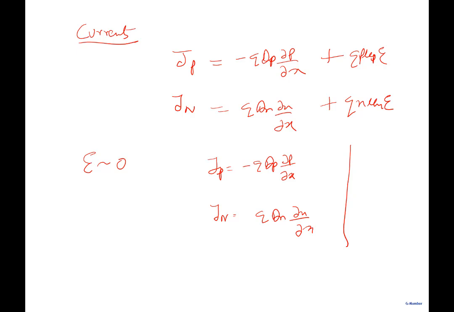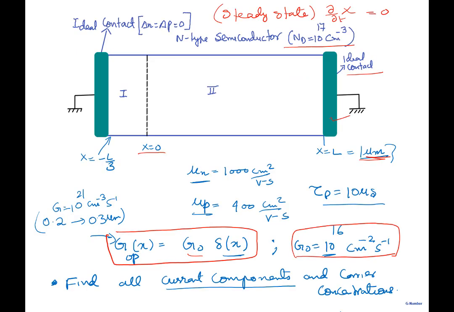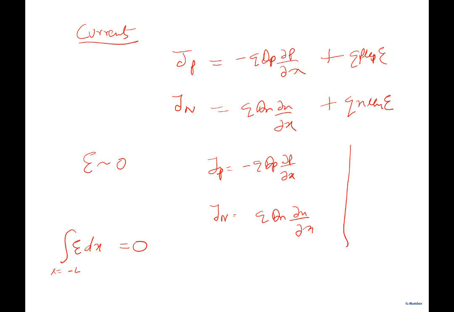That's the first simplification that she's suggesting. Would you agree with this? Would you make that assumption? Would it not be true that you would have integral of E dx is 0, from x equal to, let's say, minus L by 3 to L?